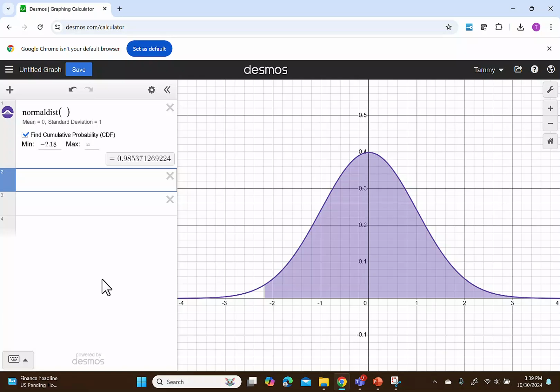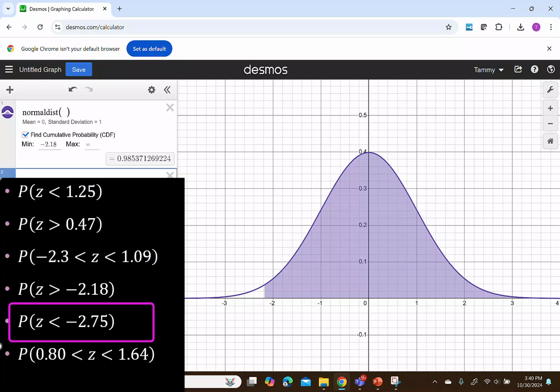Notice this is a lot of the graph. We're way down on the left at negative 2.18 and we're shading everything to the right. So altogether we see 98.54% as our probability.